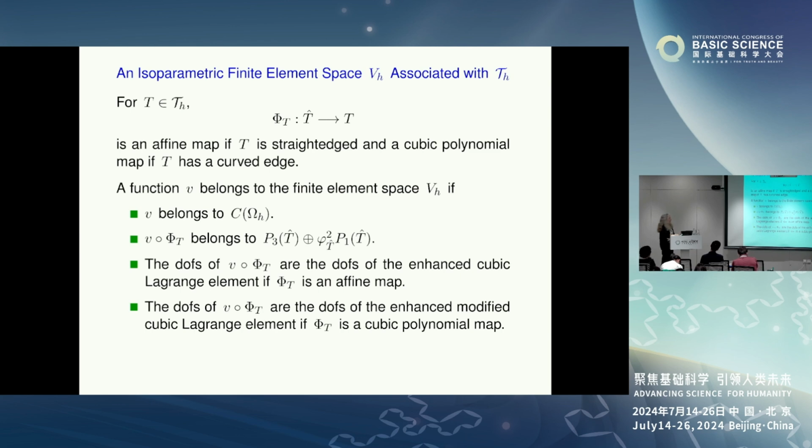The degrees of freedom of the pullback are the degrees of freedom of the enhanced cubic Lagrange element if phi T is an affine map, and the degrees of freedom of the enhanced modified cubic Lagrange element if phi T is a cubic polynomial map.